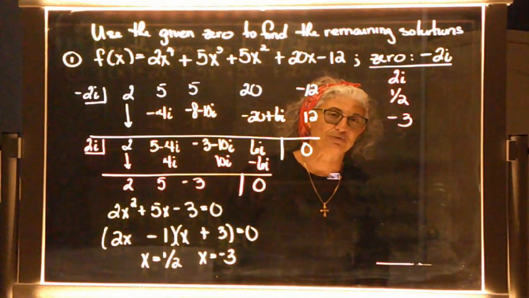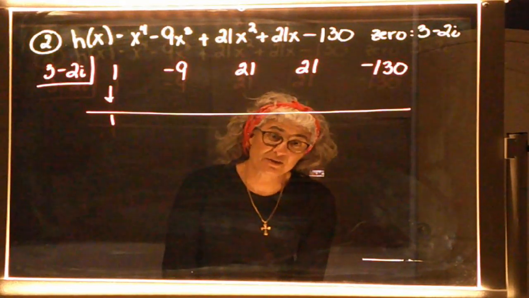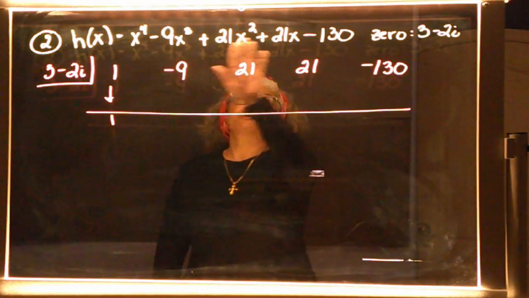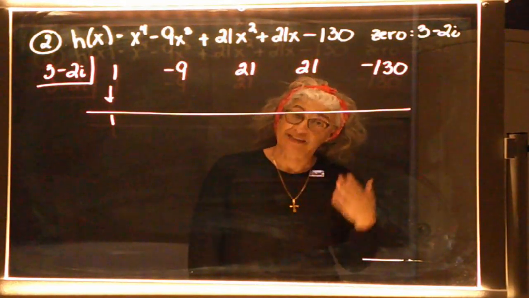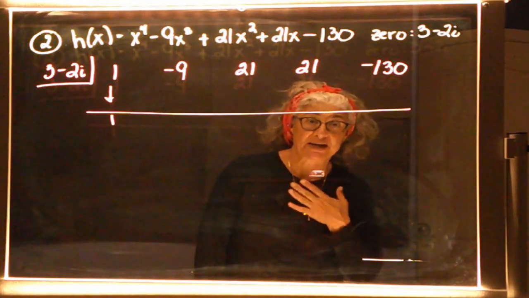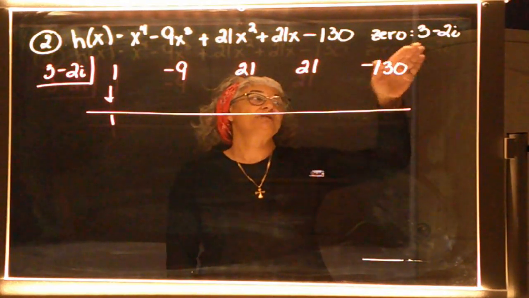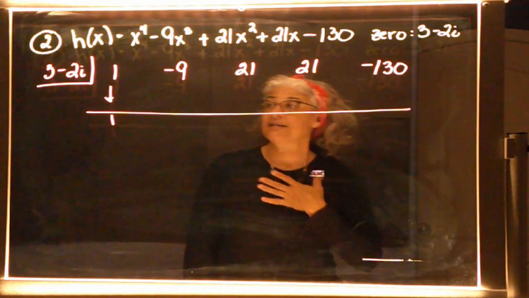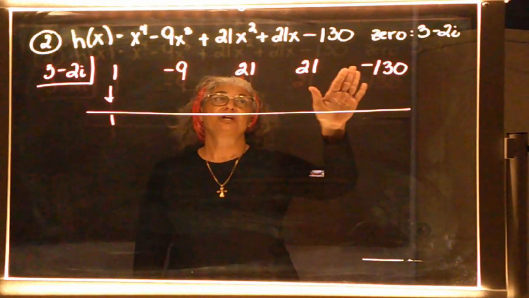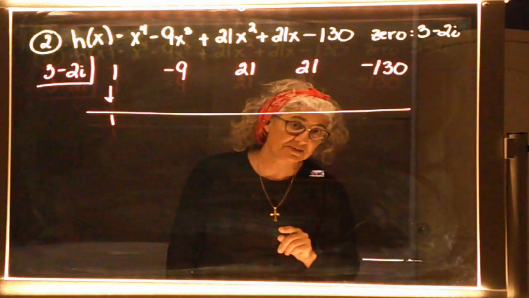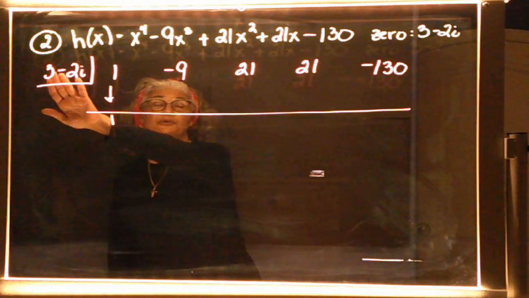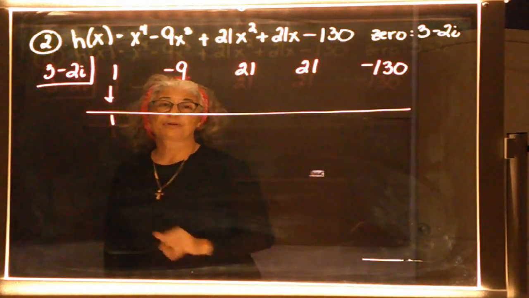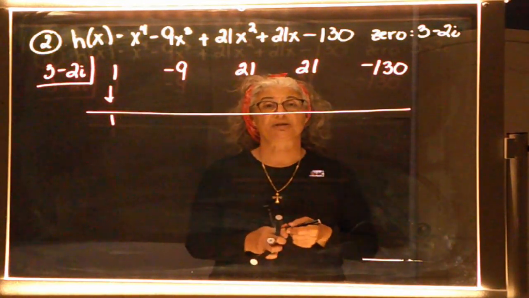Okay, so hang in there. I got another example. Okay, so let's look at this problem. They gave me another fourth degree polynomial. They gave me one of the zeros, so I actually have a starting point. They told me the 0 was 3 minus 2i. So I'm going to set up my synthetic division problem right here. Gratefully, there's no missing x's. So 3 minus 2i is what I'm dividing by, and I always bring down that first term to 1, don't I?